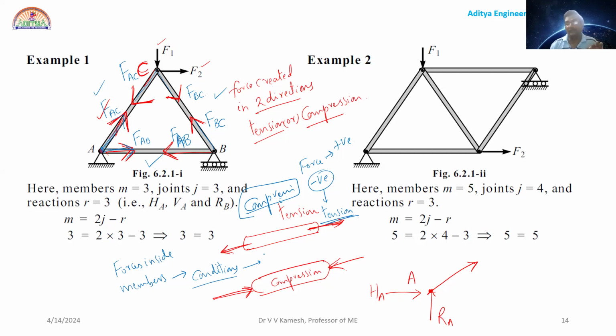There are some shortcuts, okay? So some forces inside the members may become zero. So first of all, you need to identify, is there any zero force member inside, and is there any symmetrical force, right?